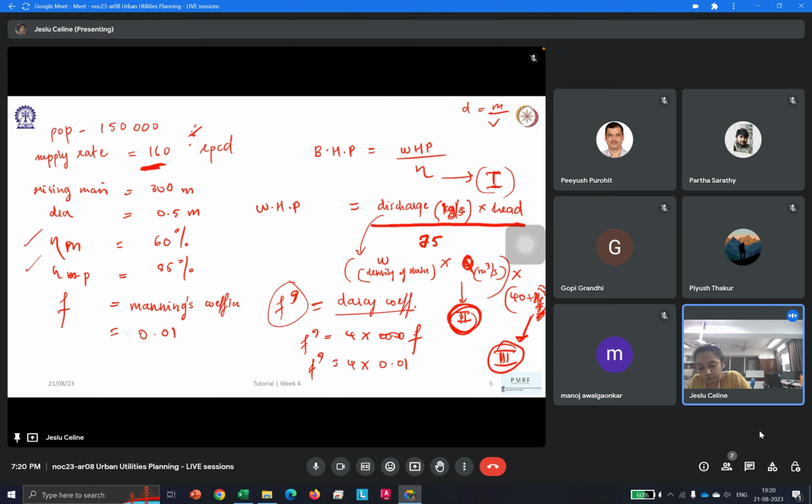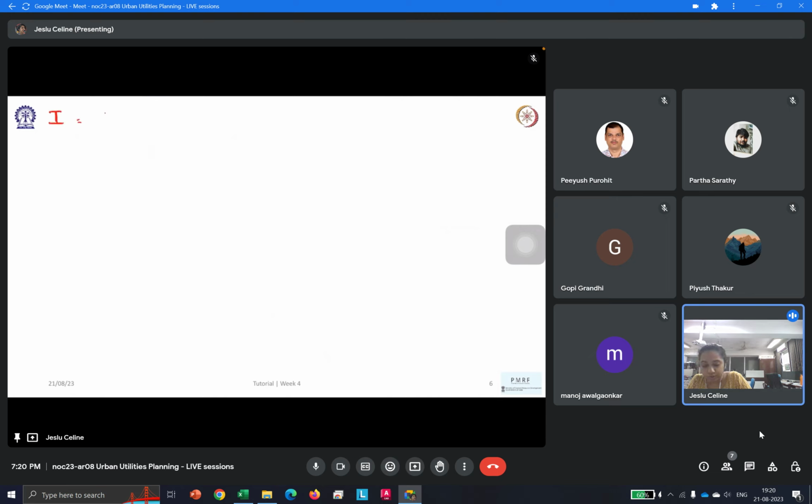So the first one is the efficiency. We have 2 efficiencies, the pump efficiency and the motor efficiency. If we want to find the overall efficiency, since these are operating simultaneously, we multiply both, because the effect of the pump efficiency is multiplied by the effect of the motor that we are using.